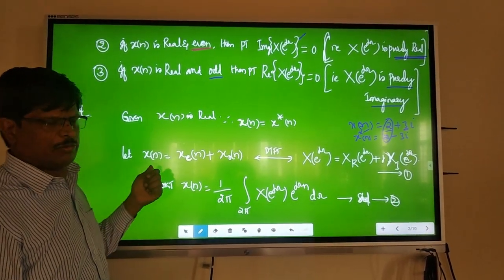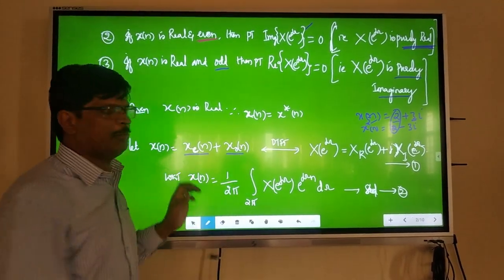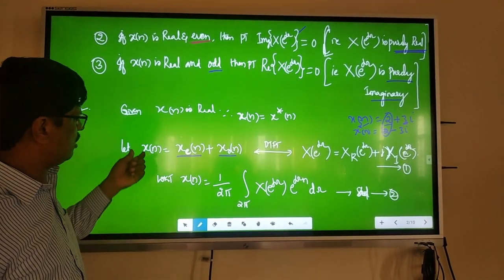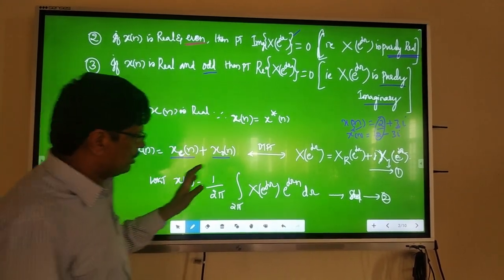Next, x of n, the input sequence, is nothing but a combination of even part plus odd part: xe of n plus xo of n, which we know. We take one arbitrary signal, a combination of even and odd.